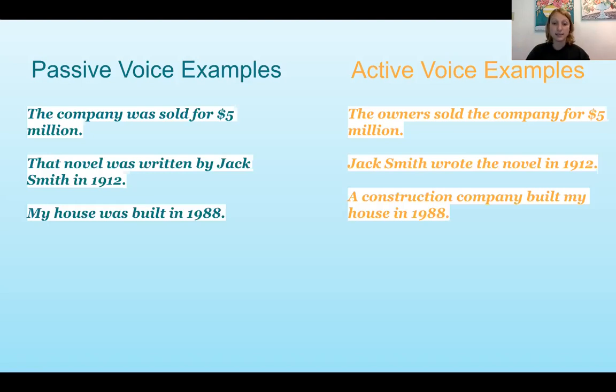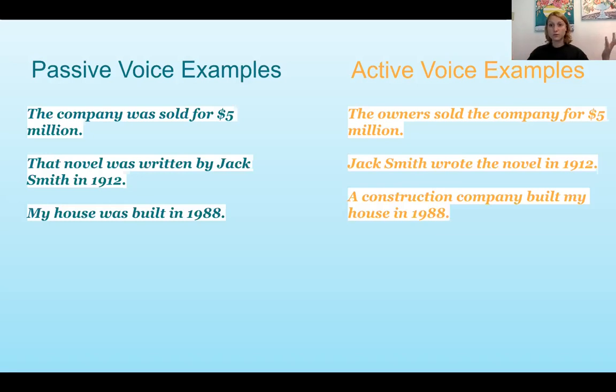All right. Then in our next example, my house was built in 1988. I know what a lot of people are thinking. Oh, it's mine. It's my house. So subject, my. No, no, no, no. My is not a subject. All right. So we have house, my house.